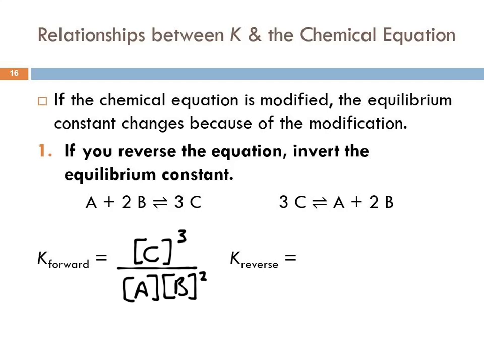And K reverse for this one, now these are the products, so we're going to have A and B squared divided by C cubed.